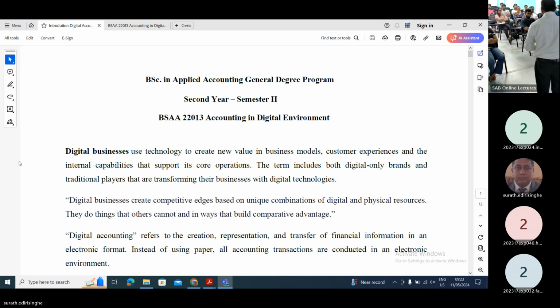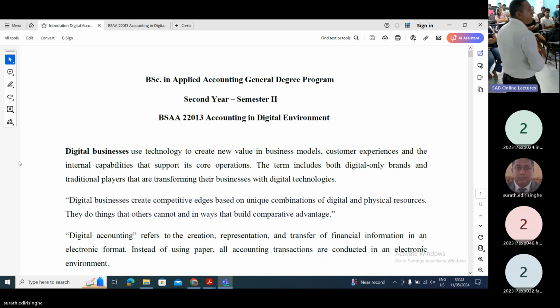The term includes both digital brands and the traditional players that are transforming their business with digital technology. Because of that, the traditional business people now hope to transfer their business model from the physical platform to the online platform to gain a competitive advantage.